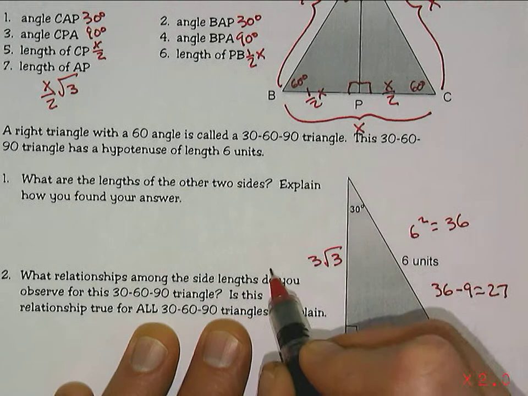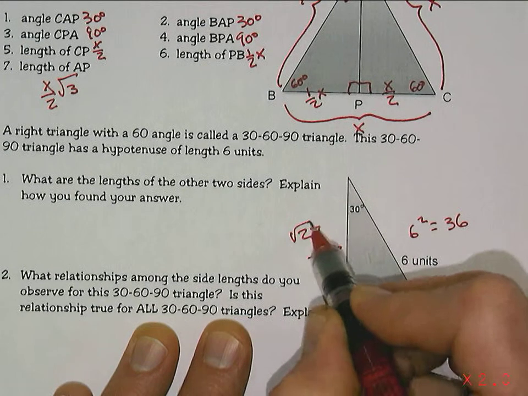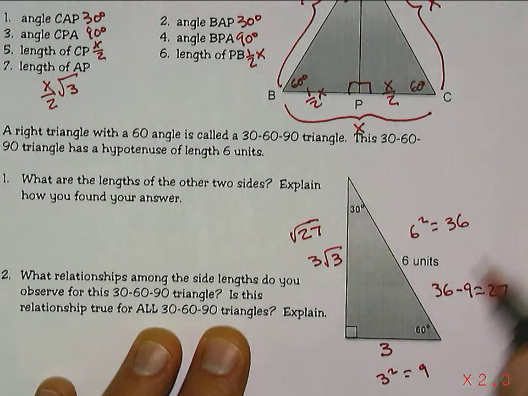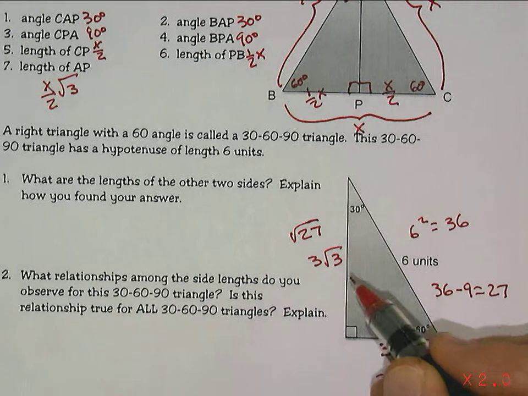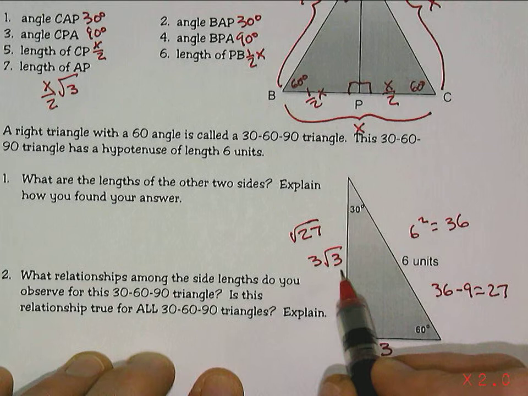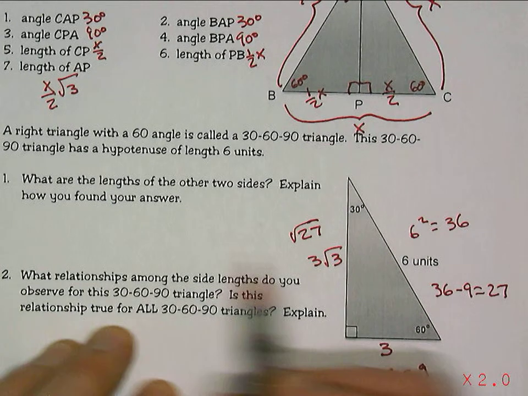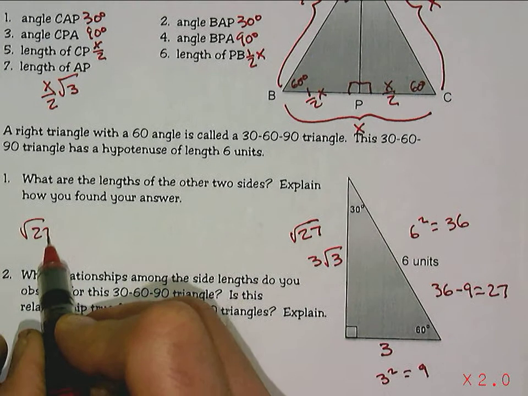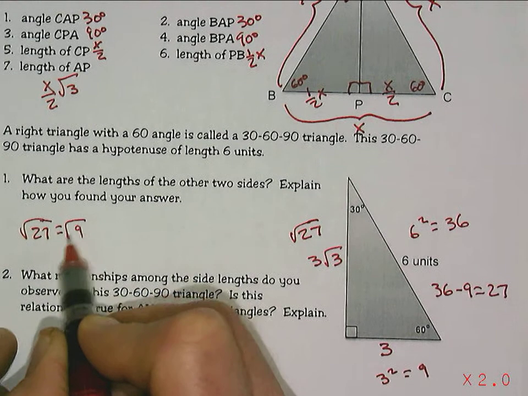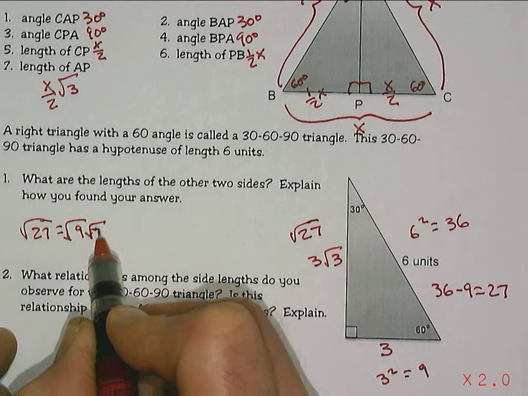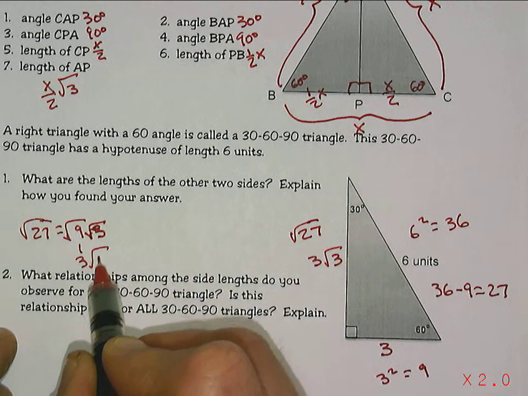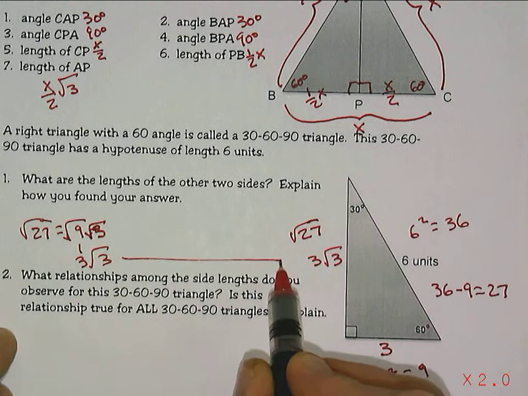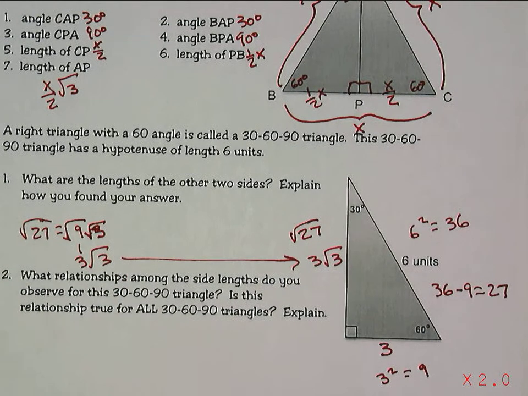So this is equal to the square root of 27. We're just using the Pythagorean theorem now to get this leg. We know for sure this is half of 6 because it's half of the equilateral triangle. This is the one that sometimes is hard to know, that it's always times the square root of 3. But the square root of 27 is equal to the square root of 9 times the square root of 3. And we know what the square root of 9 is. It's 3 square roots of 3. So again, I got exactly what I thought there would be.